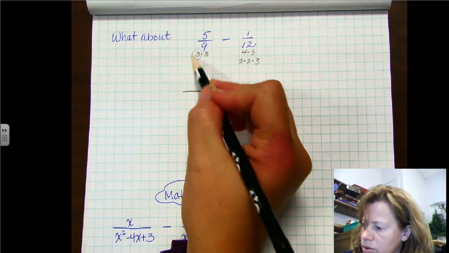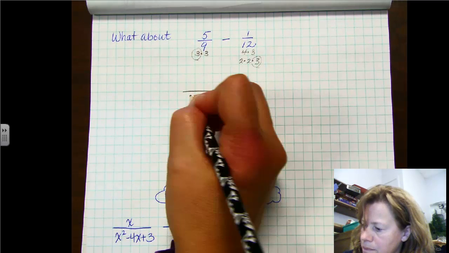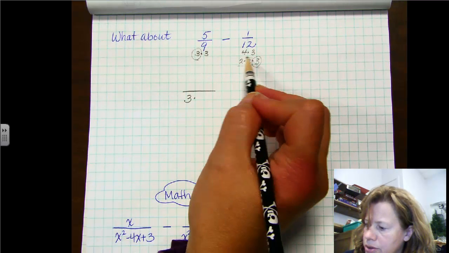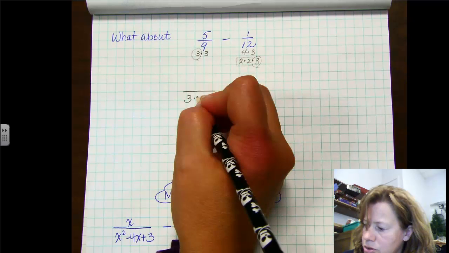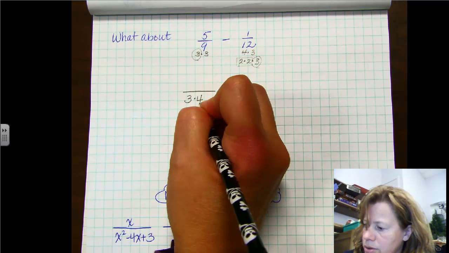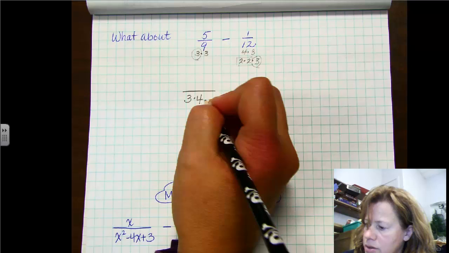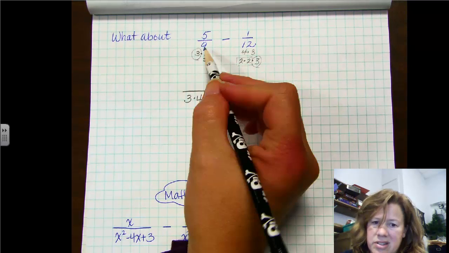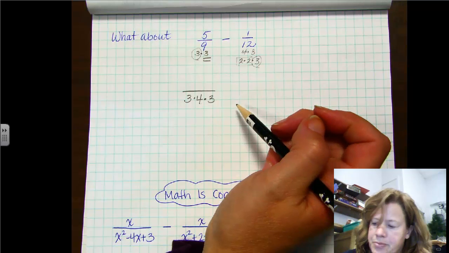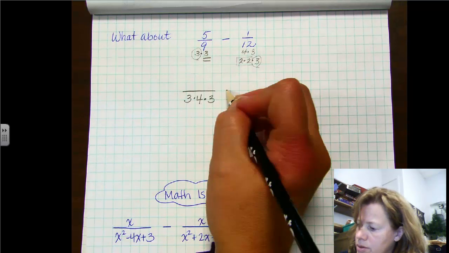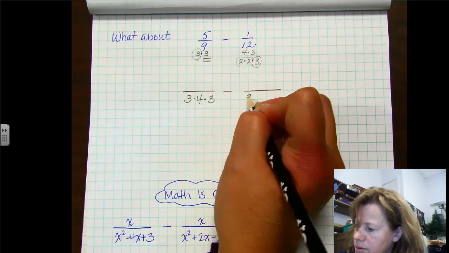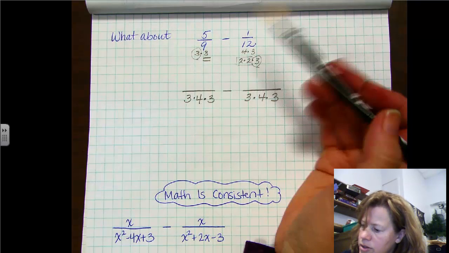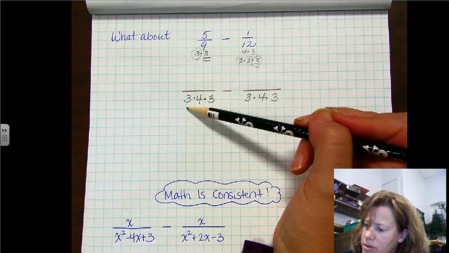So I need to include 3, but I also need to include this 4, 2 times 2, and this 3, because it's a different factor essentially from that 3.